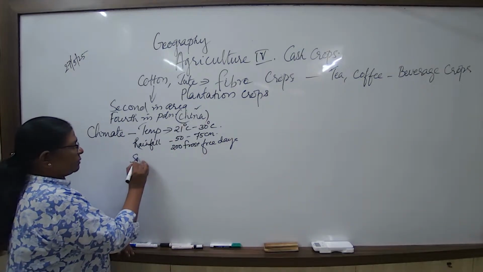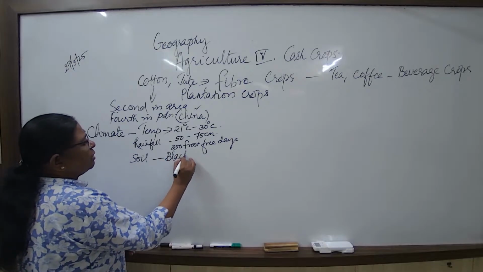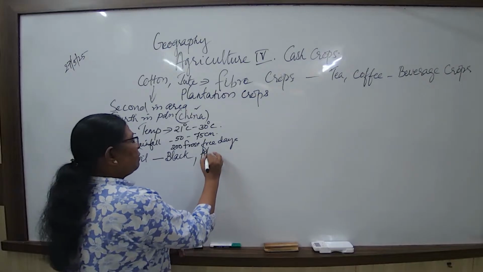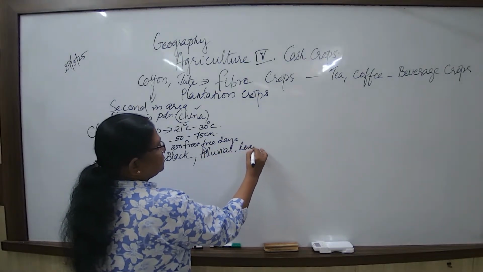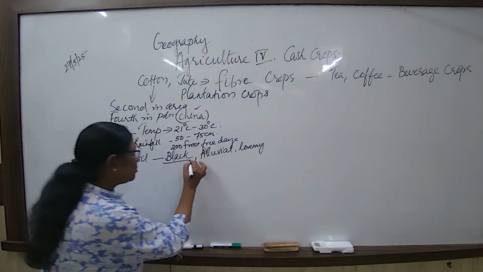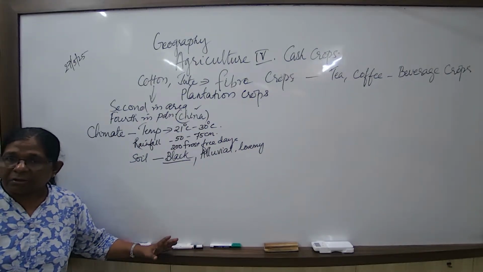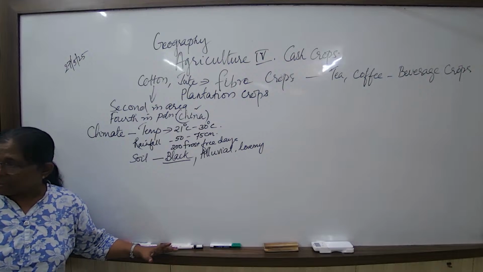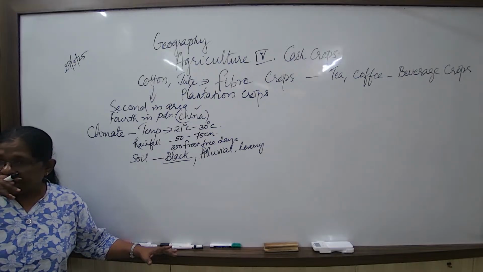Next, soil. The best soil for the growth of this cotton is black soil. Even alluvial and loamy soils are also good. But the most important soil is black soil. Black soil is that regur soil. You have learned that lesson, no? Soil resources, have you learned? Yes.